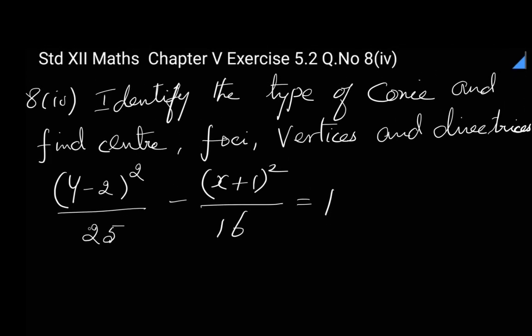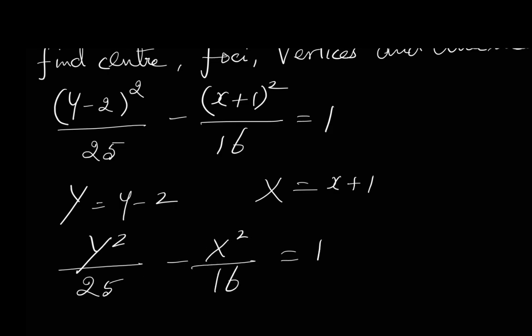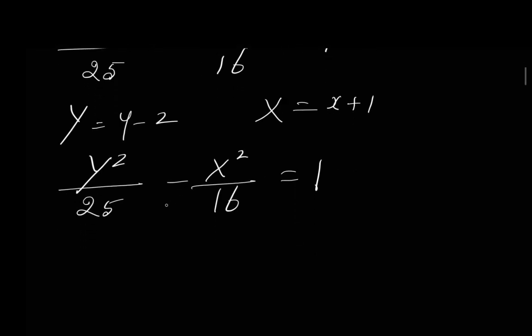So first what I do, let me replace y minus 2 as capital Y and x plus 1 as capital X. So in that case the equation is capital Y square by 25 minus capital X square by 16 is equal to 1. See, actually the sign between the two terms is minus sign, so it represents a hyperbola.